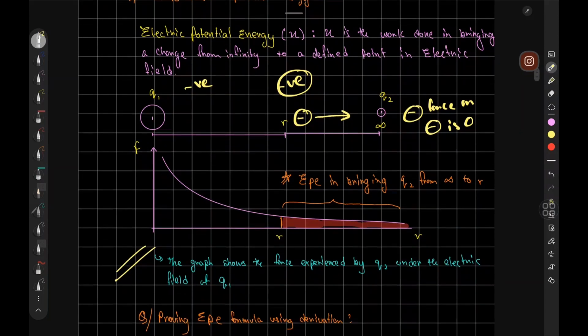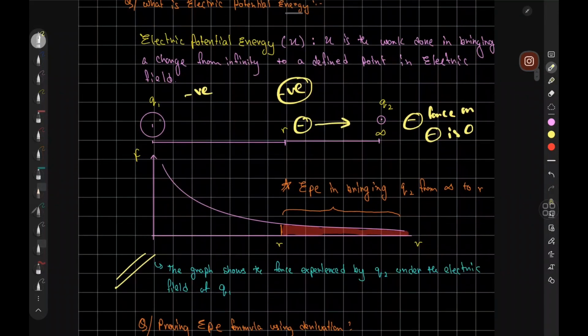So in this curve, I've plotted the force and the distance. Near charge, it's feeling a greater force, maximum amount of force near the charge. And as it goes away, the force decreases. And at infinity, you'll notice it is 0. The force is 0. So if you're pushing this negative charge from this position to this, you have done work on it.